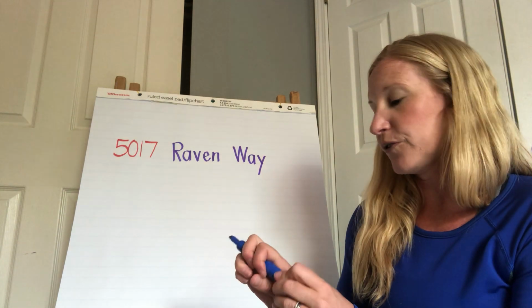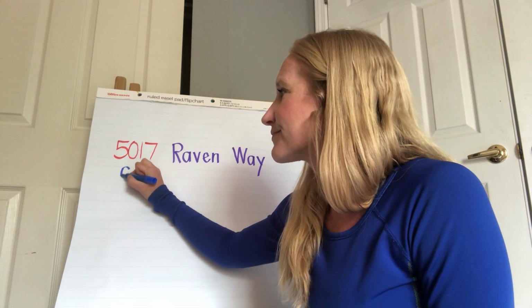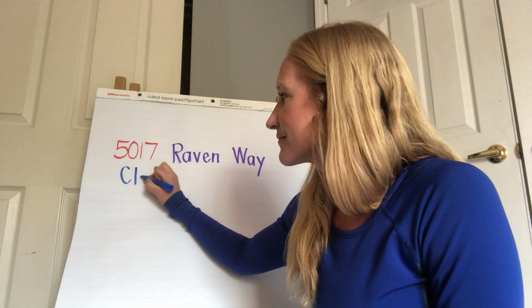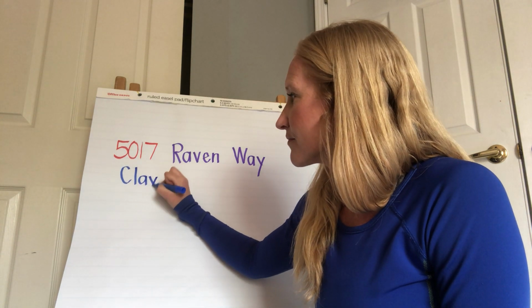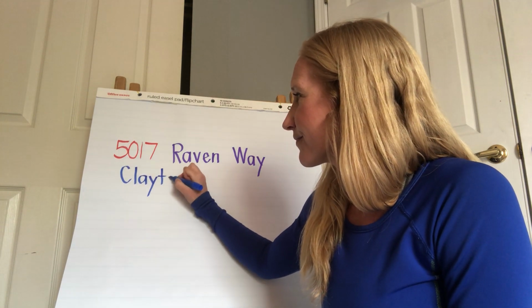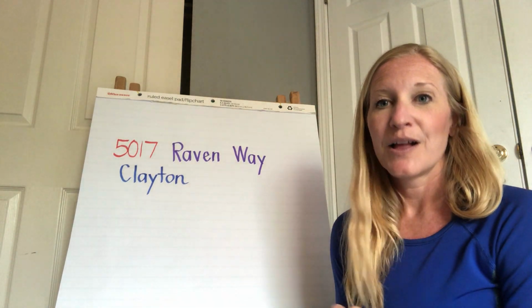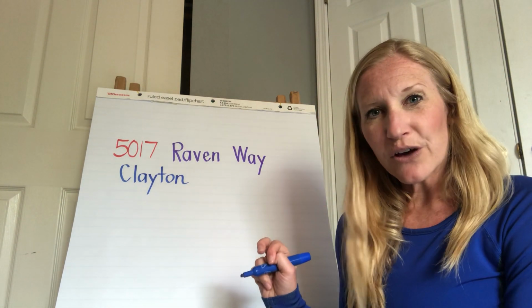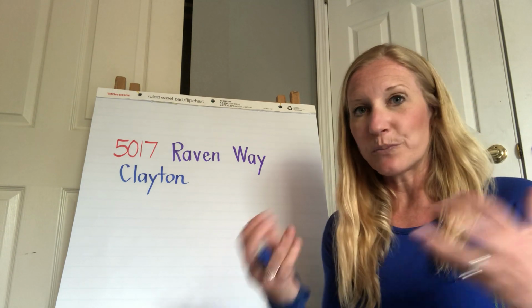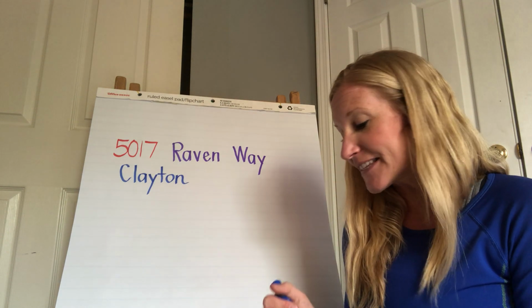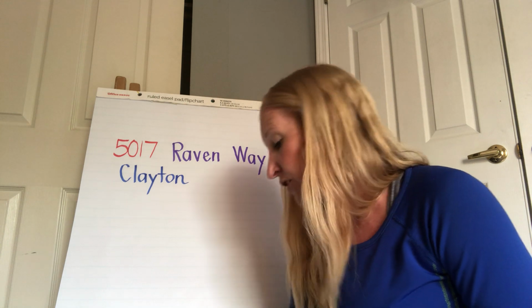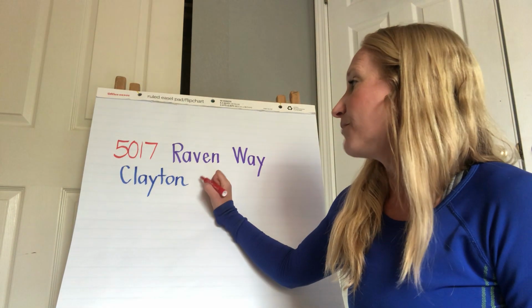So the town that I live in, and this is a little bit different from yours, is Clayton. Okay, but now I also need to put the state. I need to put the city and the state. And to separate the city and the state, we always use a comma like this.